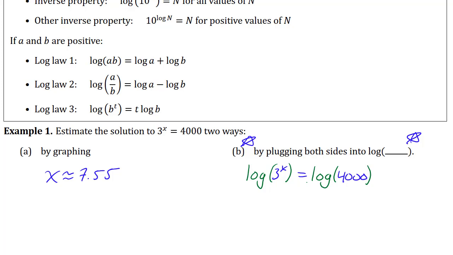Well, let's look at the log laws. We have this: log of b to the power t equals t times log b. So you could write that exponent on the outside of the logarithm. So that's the trick here, is doing a logarithm of both sides allows you to write that exponent on the outside of the logarithm as multiplication by this number log of 3.